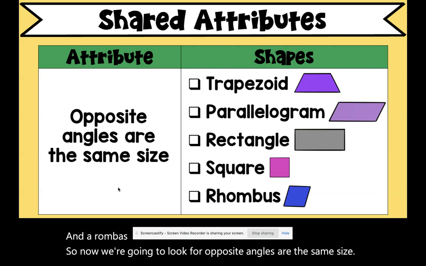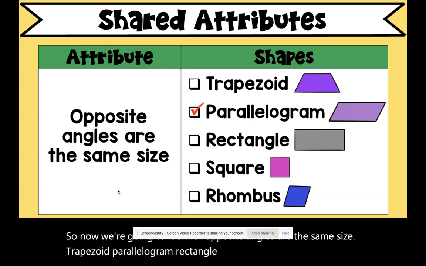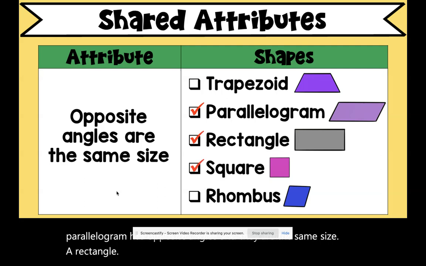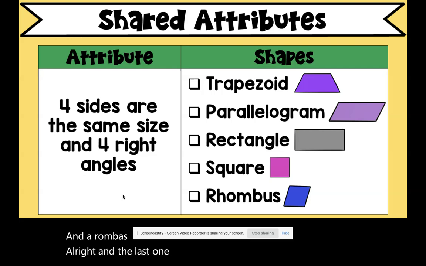Trapezoid, parallelogram, rectangle, square, or rhombus. A parallelogram has opposite angles and they are the same size. A rectangle, square, and a rhombus. All right, and the last one is 4 sides are the same size and 4 right angles. A square.